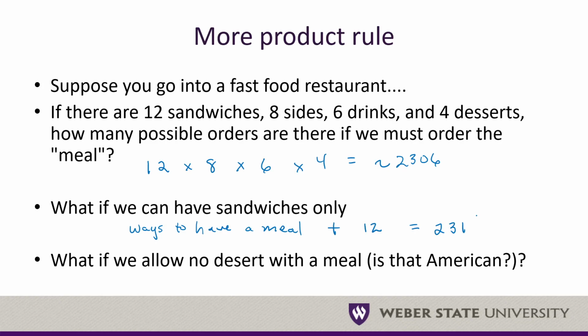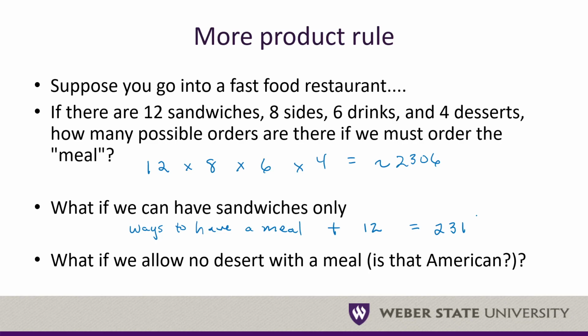And if we allow no dessert with the meal, then what? It becomes another addition. So do you want the dessert with that or not? So each time that we do that, we now have a different thing that we're doing.